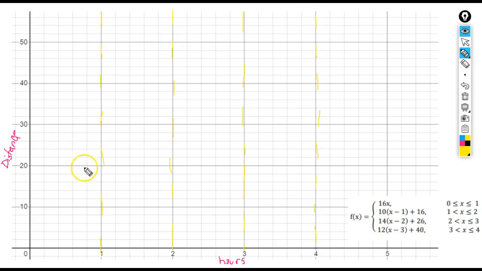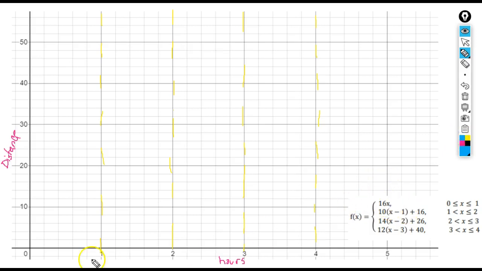So I have 1 interval, 2 intervals, 3 intervals, 4 intervals. We also have 4 pieces, so that seems to work out pretty well. All of these are straight lines. They all have a slope, nothing squared, no exponentials or anything like that. We just have straight lines. So it's just a matter of graphing all 4 of my lines.